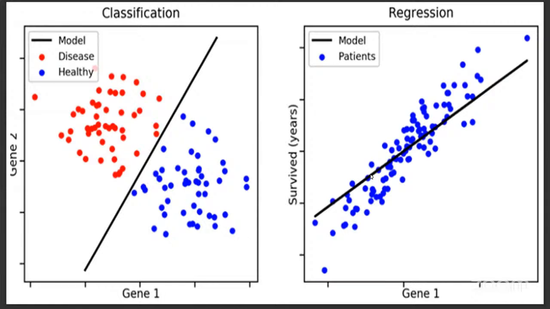Then it is called positive correlation. Positive correlation means, you know what is correlation? Correlation is how much change in one value affects the other value. That is called correlation.